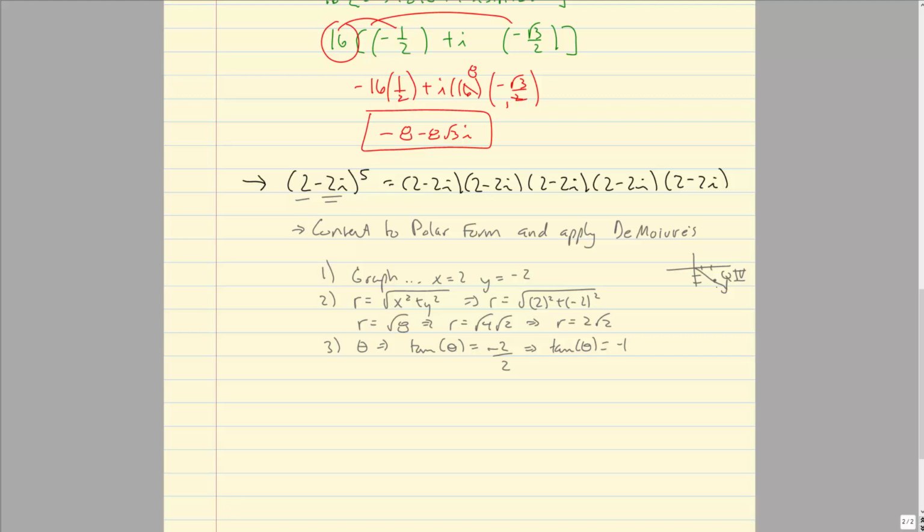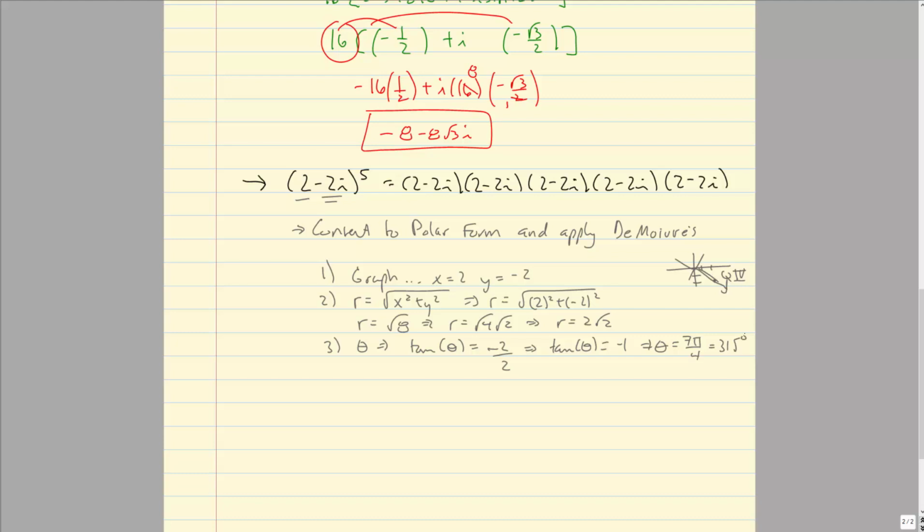So here's 1 pi over 4, 3 pi over 4, 5 pi over 4, 7 pi over 4. I'm thinking radians here. So theta would be 7 pi over 4. And again, we're probably going to be working in degrees a little bit easier here. So if we do that conversion, this is 315 degrees.